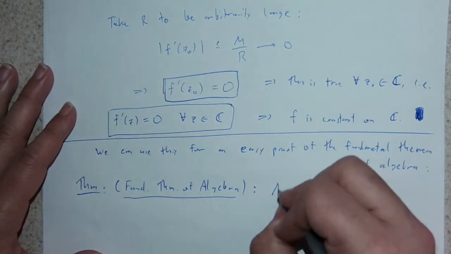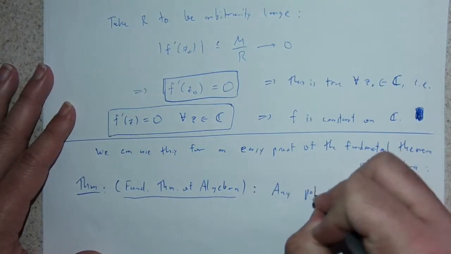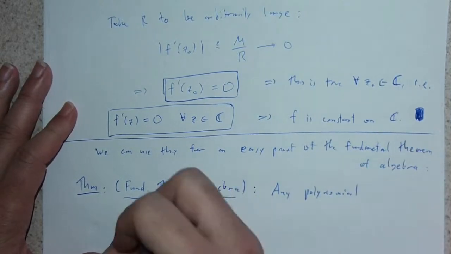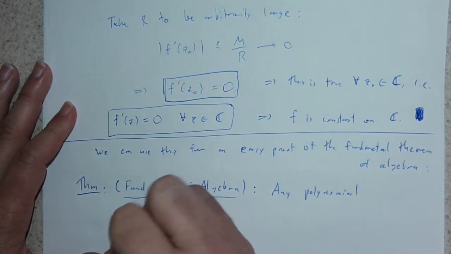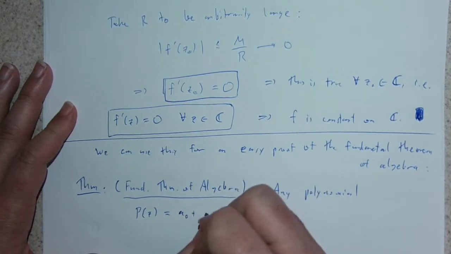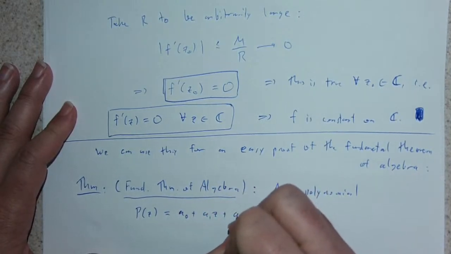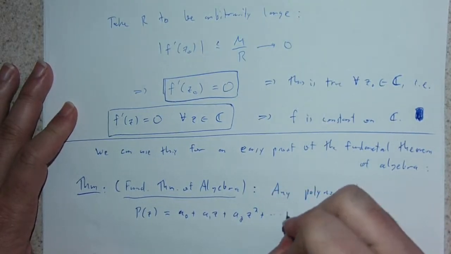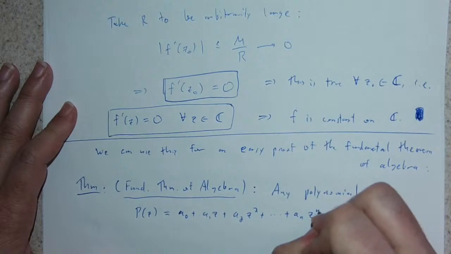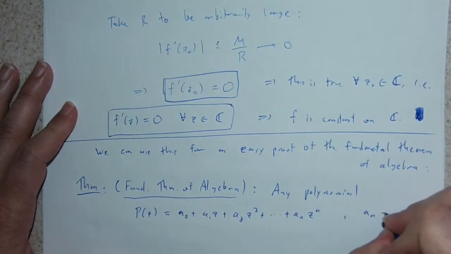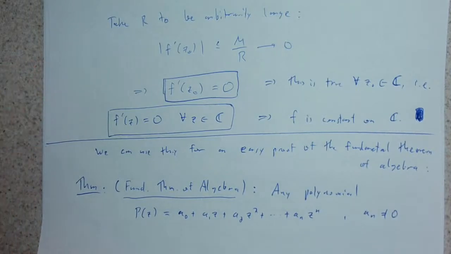Any polynomial, we'll write this as P of z, is a0 plus a1z plus a2z squared and so on all the way up to a sub n z to the n.